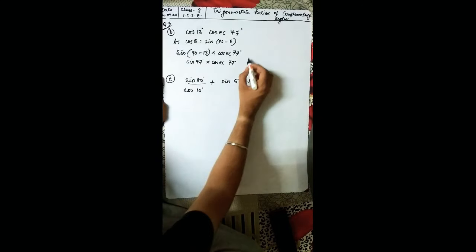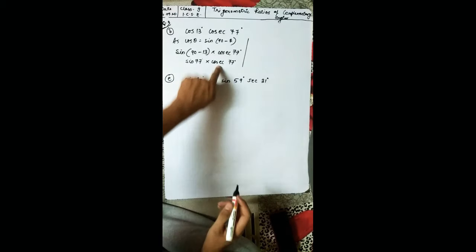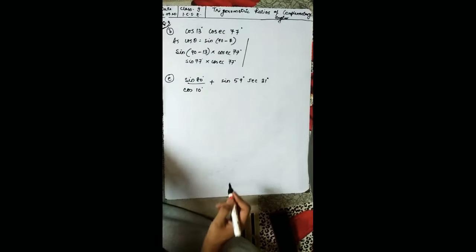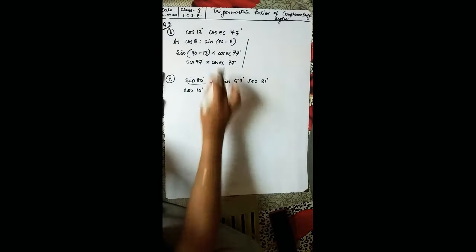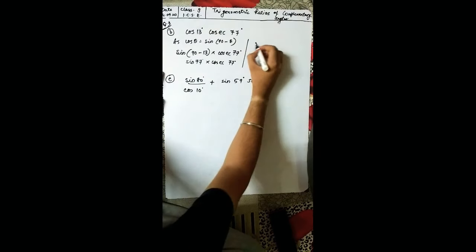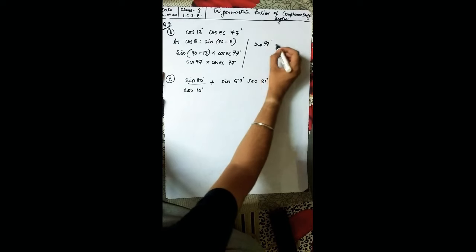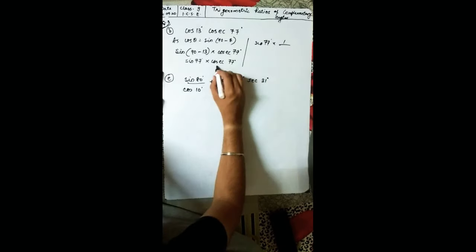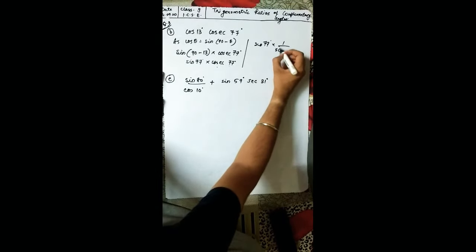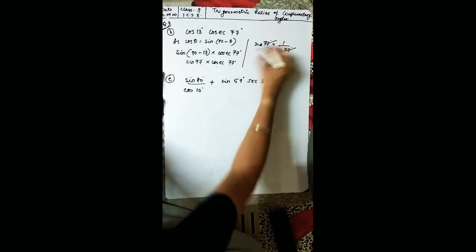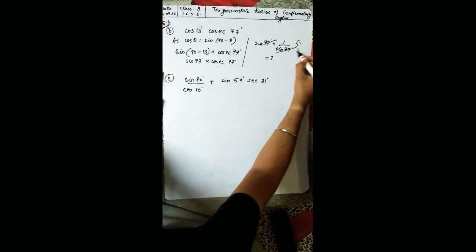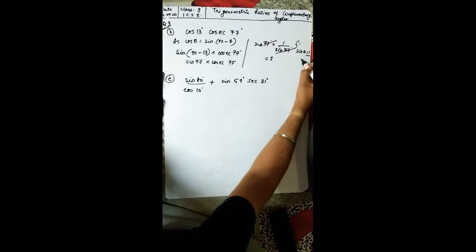And cosec theta is 1 upon sin theta, because it is the reciprocal of sin theta. So sin 77 into, in place of cosec 77, we can write 1 upon sin 77. They both cancelled, we got 1. You write, since sin theta is 1 upon cosec theta.